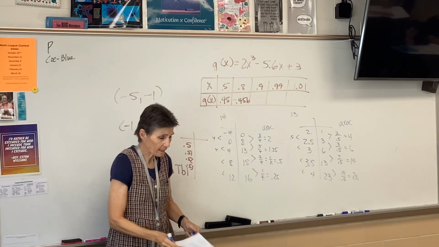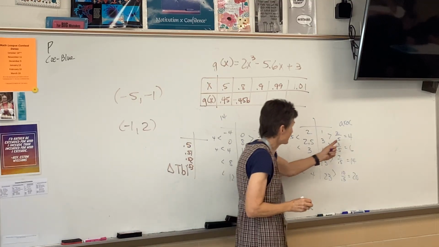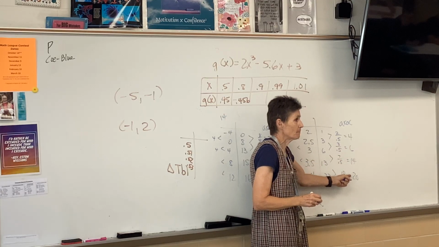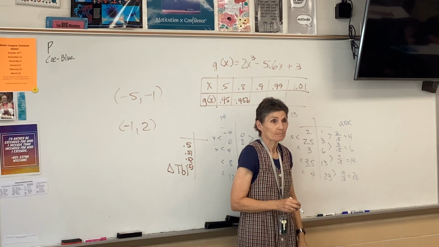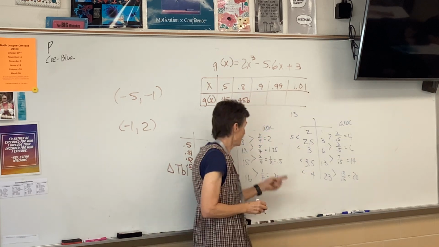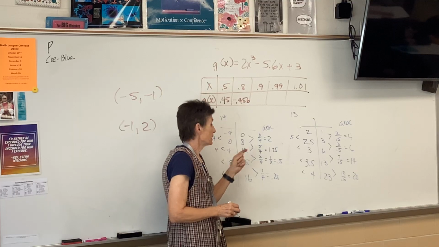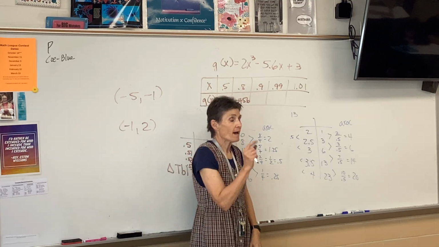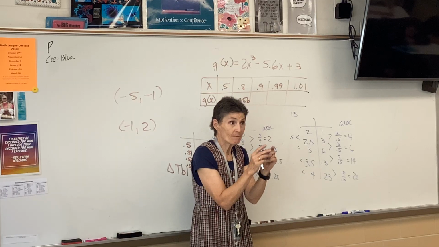All right, for 13, I got concave up. I got concave up because I looked at my average rate of change, and what did I notice about them? They're increasing. For number 14, I got concave down. Here are my average rates of change. Now, the average rates of change are all positive, and that's fine.